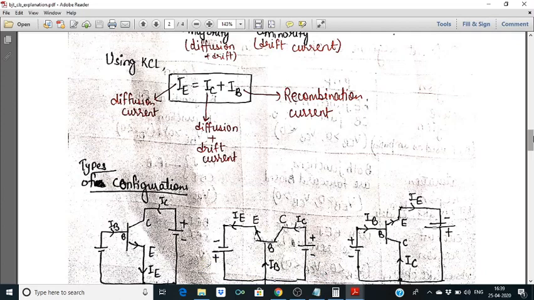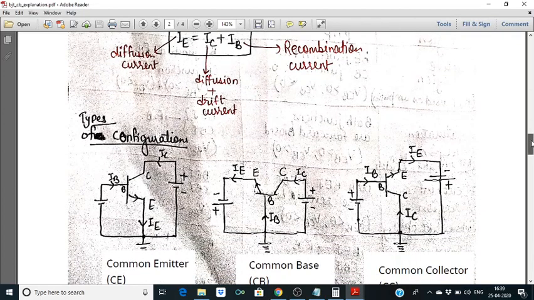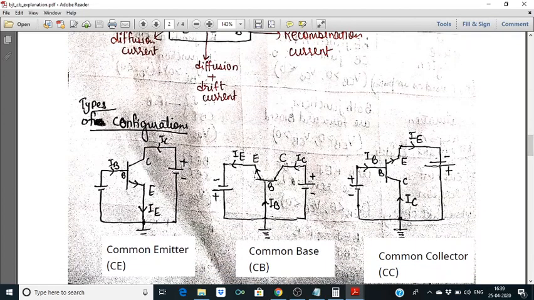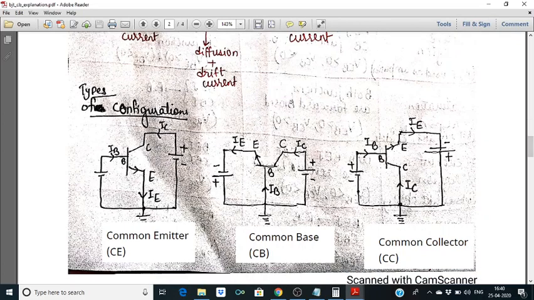Since the BJT is a three terminal device, we take different configurations in which we make one terminal common. If we connect the emitter to ground, the configuration is common emitter.